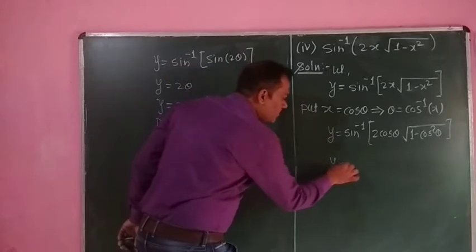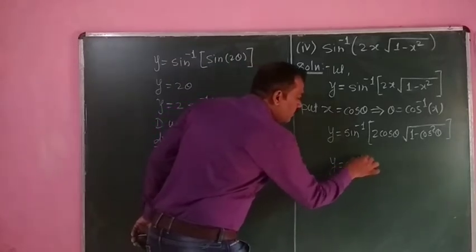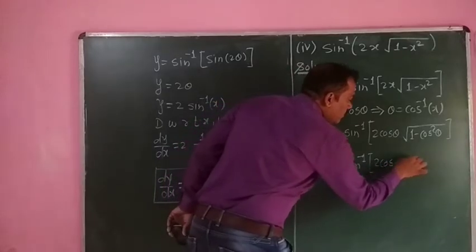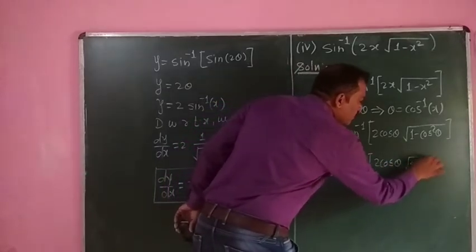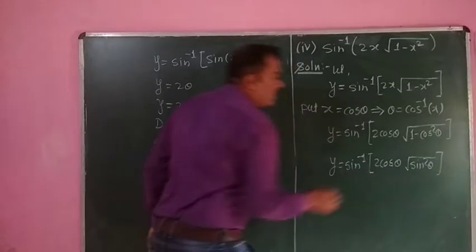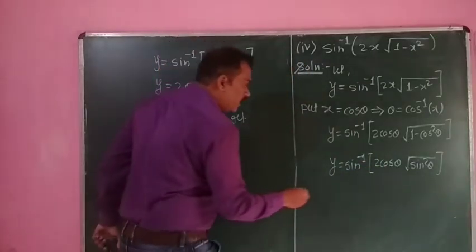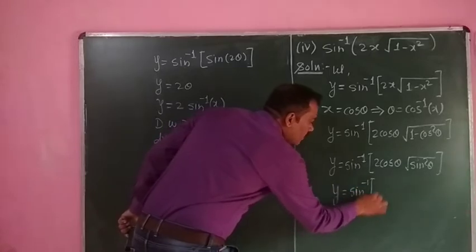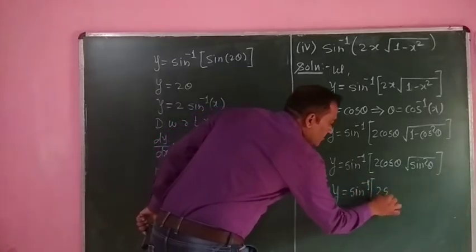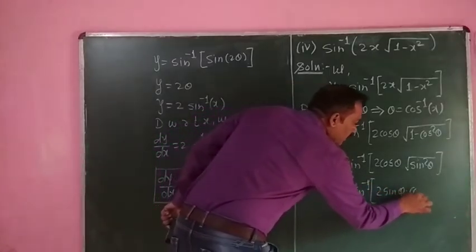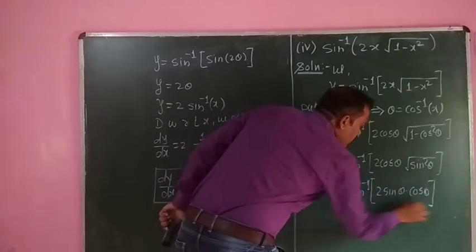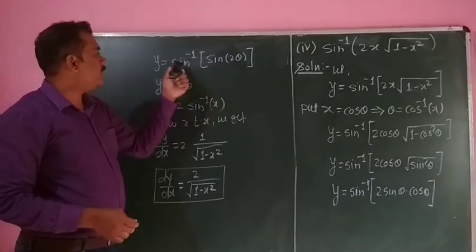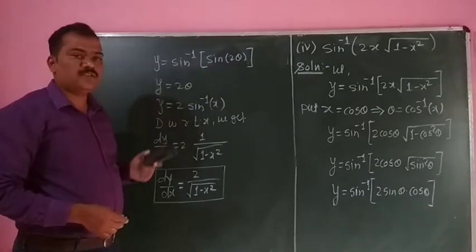So y is equal to sine inverse of 2 times cos theta into under square root of sine square theta. Square and square root get cancelled, so we get sine theta, that is y is equal to sine inverse of 2 times sine theta into cos theta. 2 times sine theta into cos theta is nothing but sine of 2 theta. Sine inverse sine get cancelled, we get 2 theta.